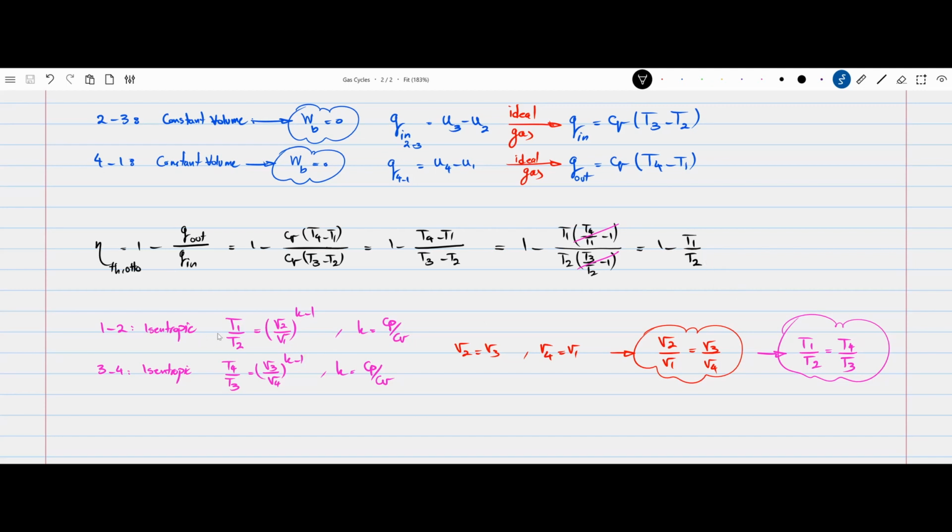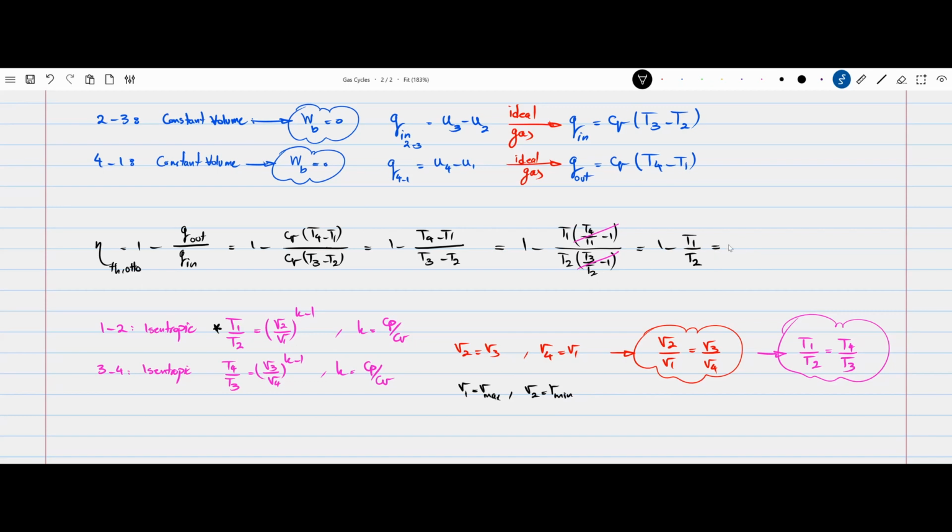Remembering that T1 over T2 is (V2 over V1) raised to K minus 1, and remembering that V1 is Vmax and V2 is Vmin. You can check the graph a few pages above. You will see that V1 is Vmax and V2 is Vmin.